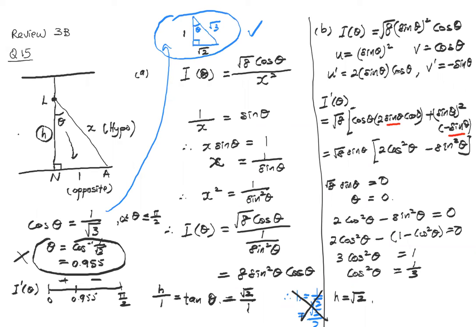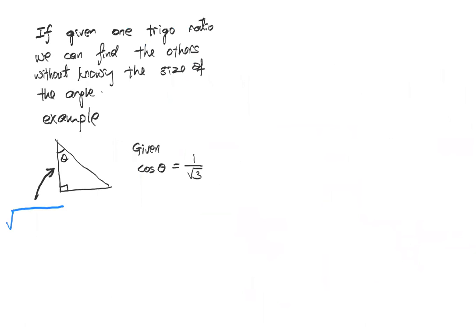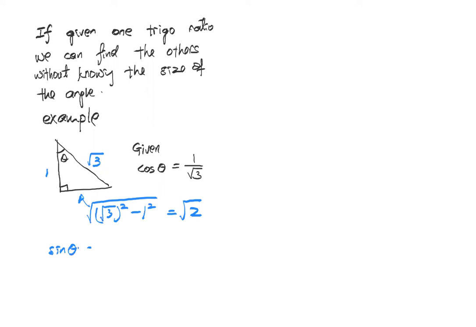Hello? When you do your trigo ratio, okay. So if cos is 1 over root 3, so here will be 1. So luckily I write this one. If not, you don't bother about what am I writing. Okay, here will be 1, here will be root 3. So this one you can get by using Pythagoras theorem. Root 3 squared minus 1 squared. So you get root 2. So from here, I can get my sin theta without knowing theta.